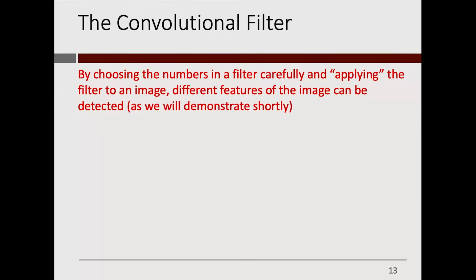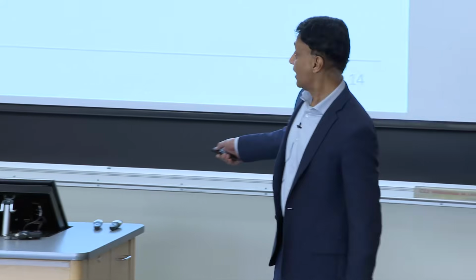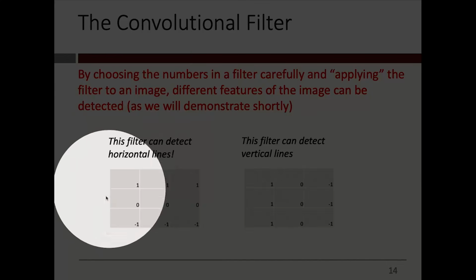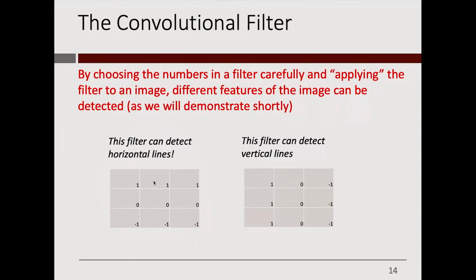It can detect lines, curves, gradations in color, circles, things like that. Okay? It's pretty cool. And so I'm going to claim, and I'm going to prove shortly, that this little humble filter with the ones and zeros can detect horizontal lines in any picture you give it. Okay? This thing here has the ability to detect vertical lines.